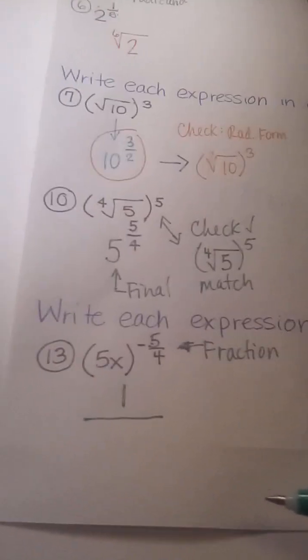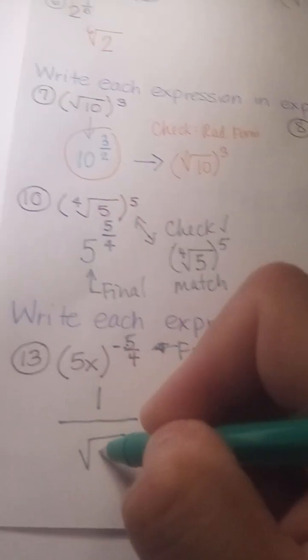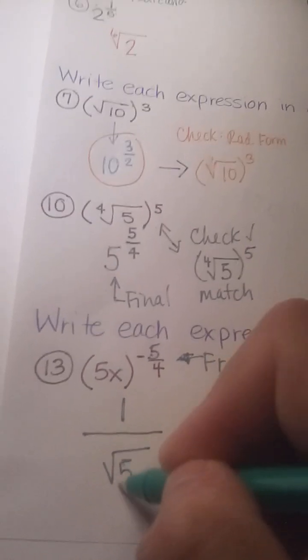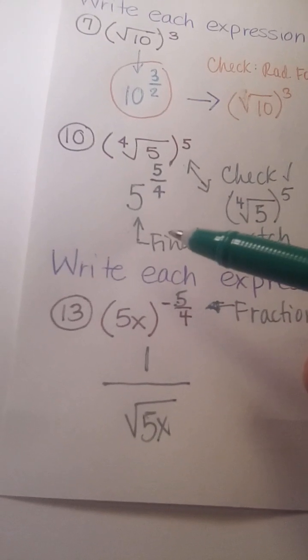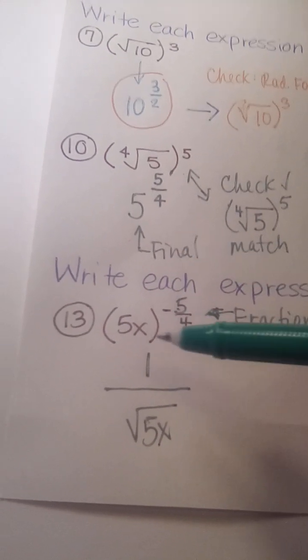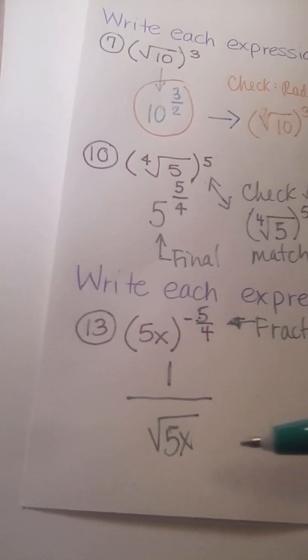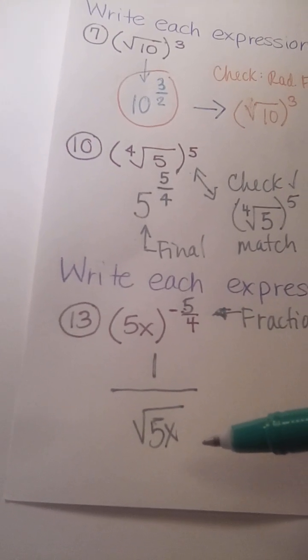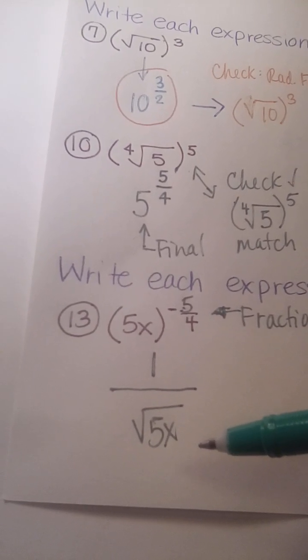Square root with the variable. Okay? Which is 5x. Then what goes in the index? The 5 or the 4? The 4, right?